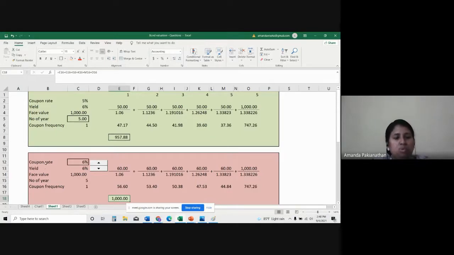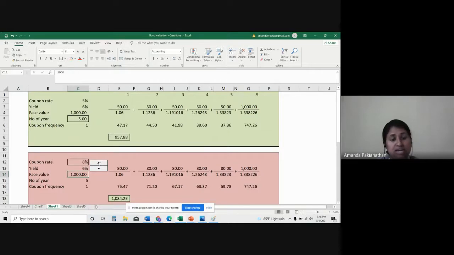If the coupon rate is equal to the yield rate, the true value of the bond was equal to 1000. When it was lesser, the value of the bond was lesser than the face value. Let's increase it further.